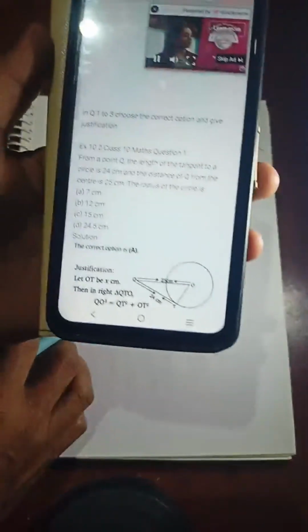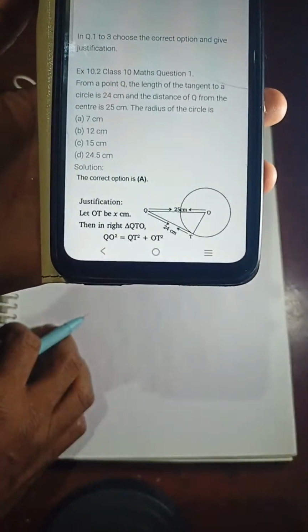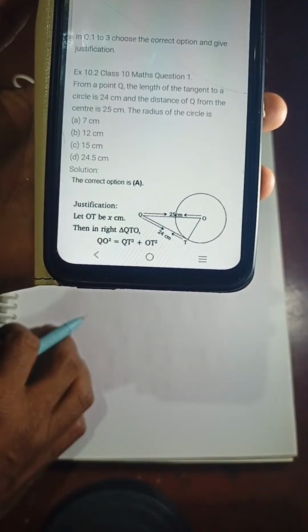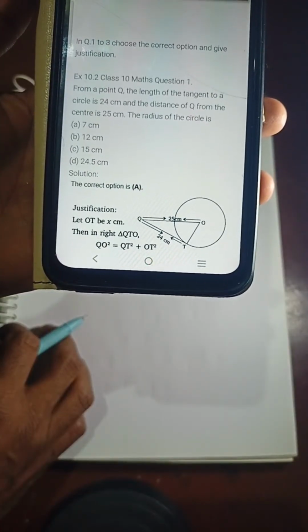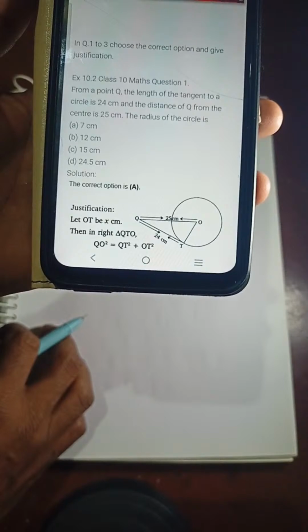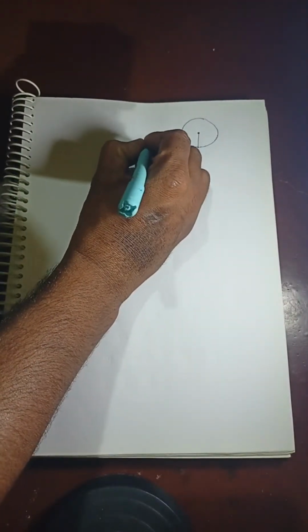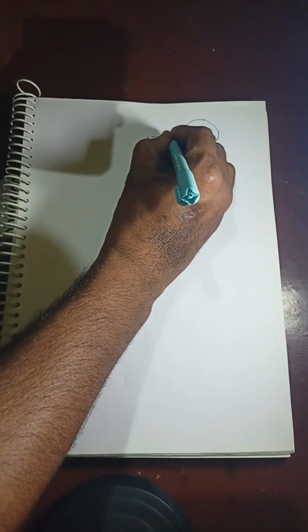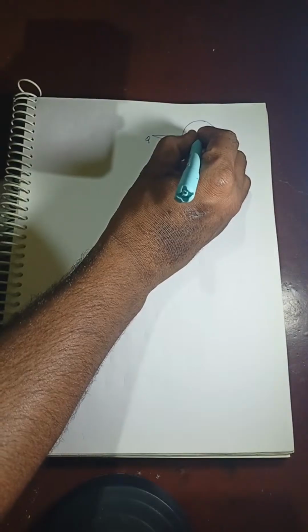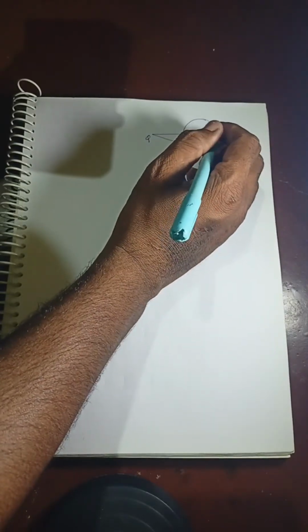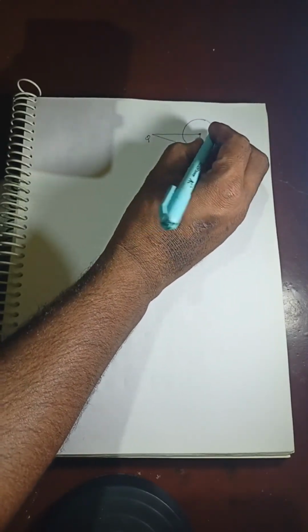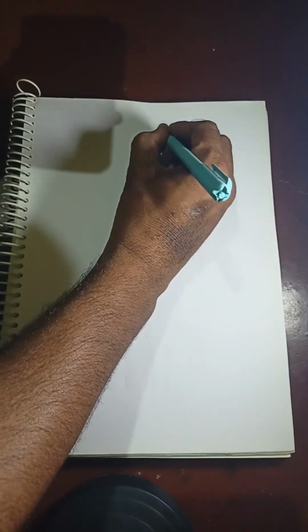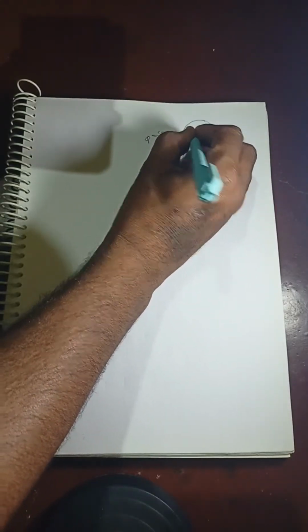The distance of Q from the center of the circle is 25 centimeters.